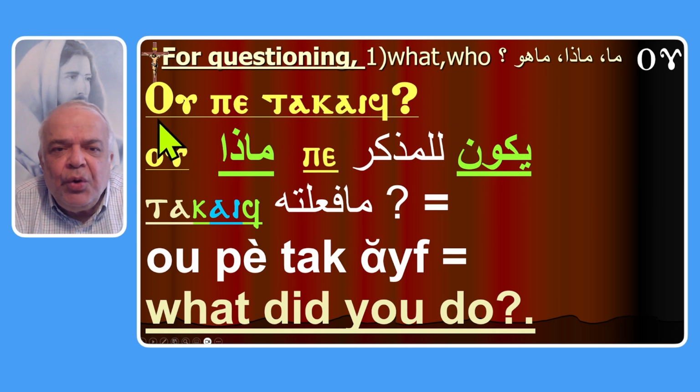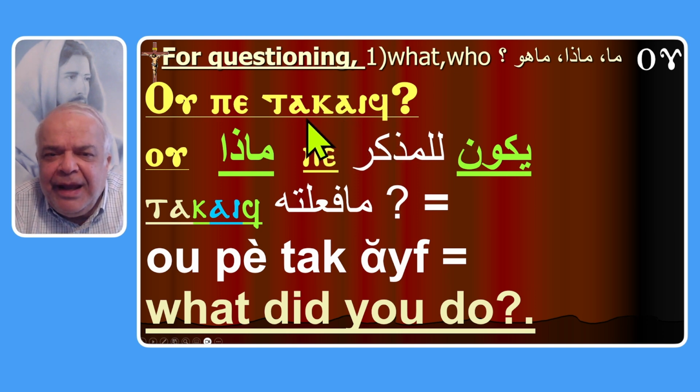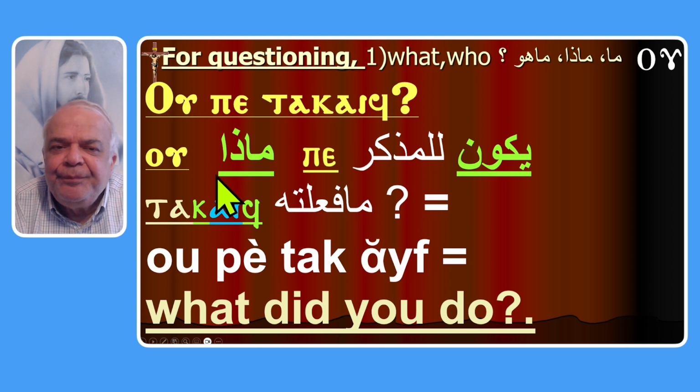Next question. O, P, tak, aif. We get fooled by trying to read it as English and say takif. If we don't know how to read, we'll say takif. No, it's tak, and then stop here, aif. So let me tell you word by word.